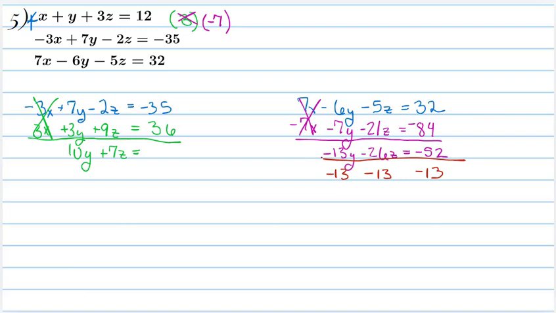And so we end up with y minus 2z is equal to 4. And the reason I did this is it gave us a simpler equation to work with. Since I was able to see a number that would divide into all three equally, it gives me an easier number to work with.